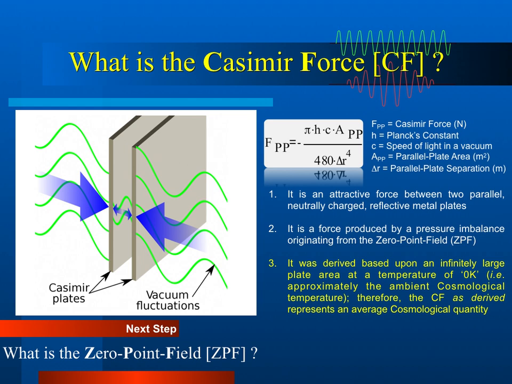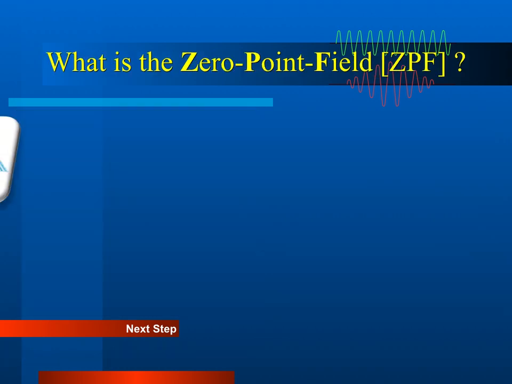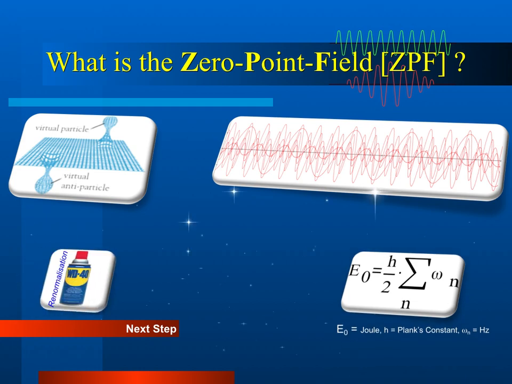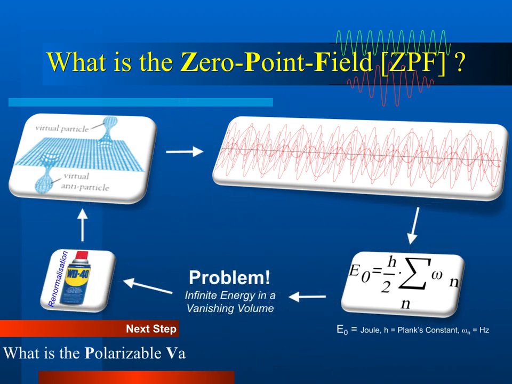Given that the Casimir force is dependent upon the constitution of the zero-point field, we will discuss the zero-point field in greater detail. Possibly the best way to describe the zero-point field is to describe the processes that are attributed to its constitution.